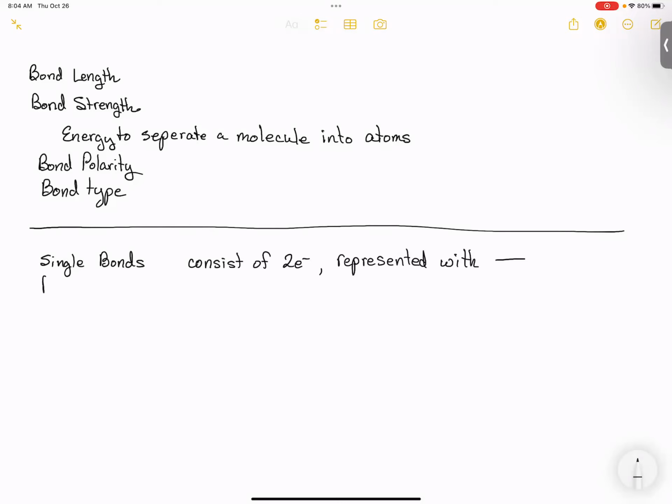We've talked about double bonds, which consist of four electrons, and it's represented by basically an equal sign or two lines.